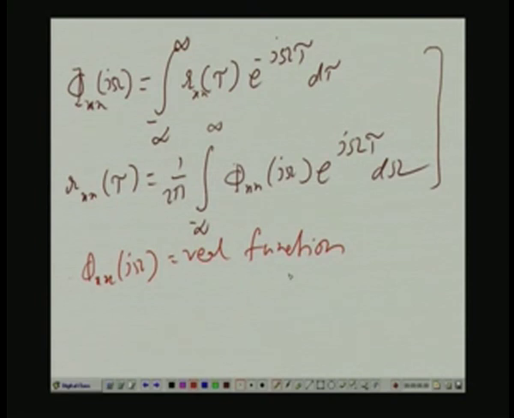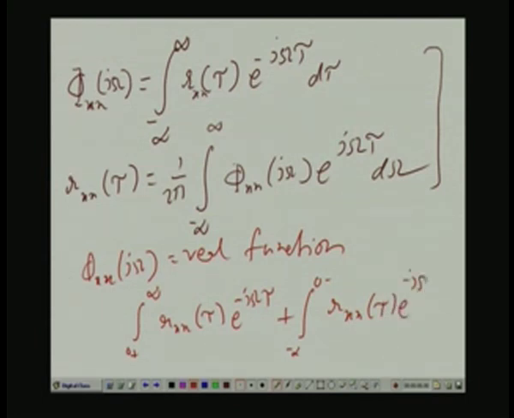Why? Because I can divide the integral into two parts. One is from 0, or we can say 0 plus, to infinity of r x x tau e to the power minus j omega tau. Another will be from minus infinity to 0 minus, same thing. Now, here replace tau by minus tau.